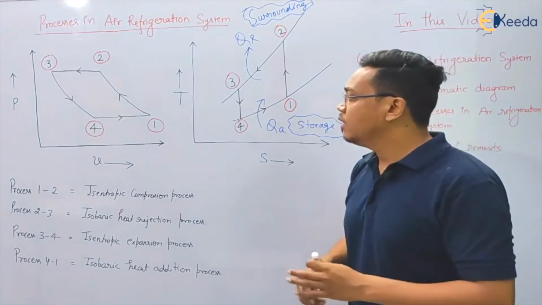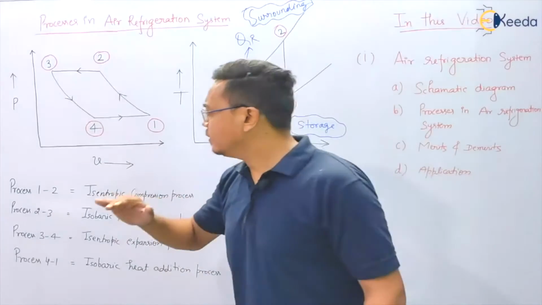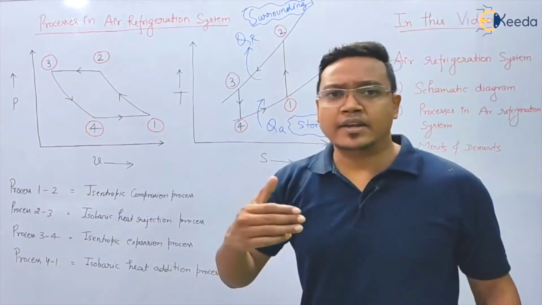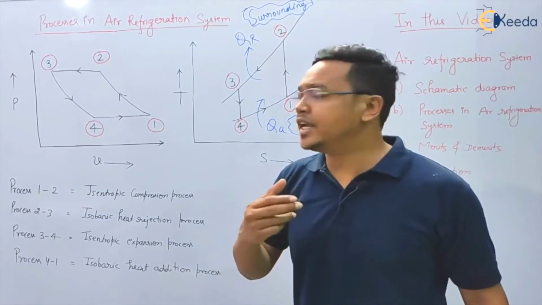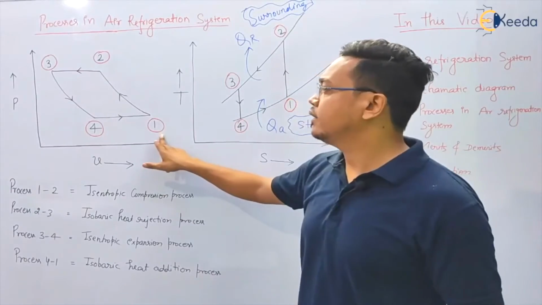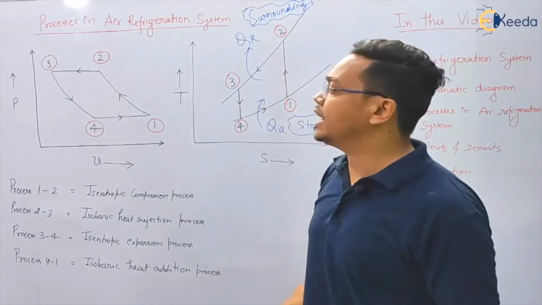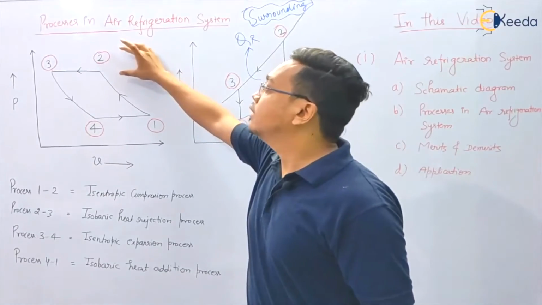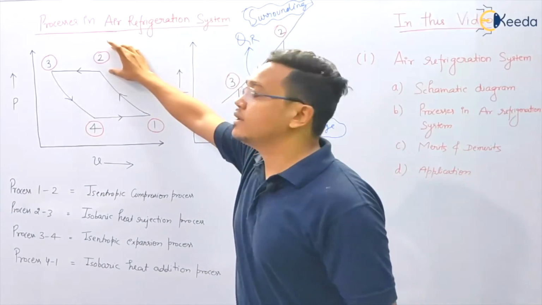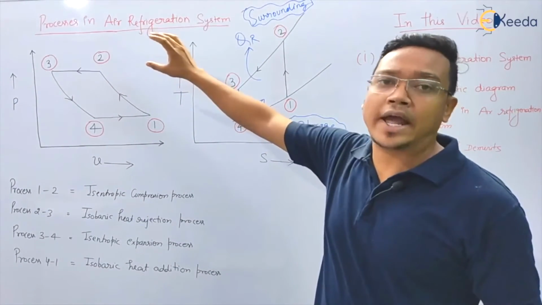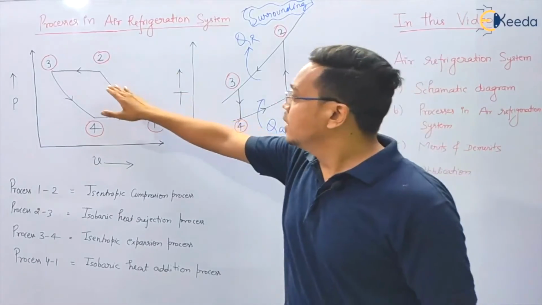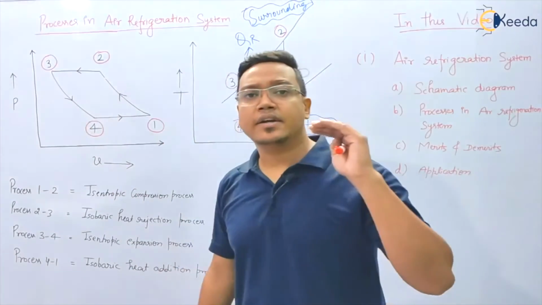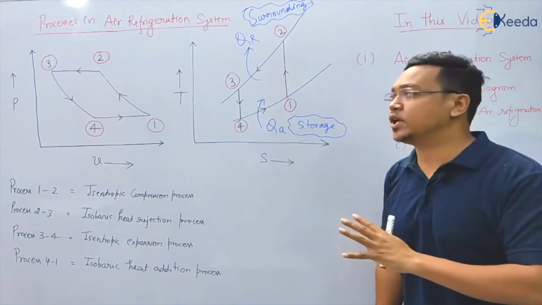I have already told that when we saw the schematic diagram, 4 to 1 is a constant pressure heat addition process. 1 to 2, constant entropy compression process or isentropic compression process. 2 to 3, constant pressure heat rejection process.